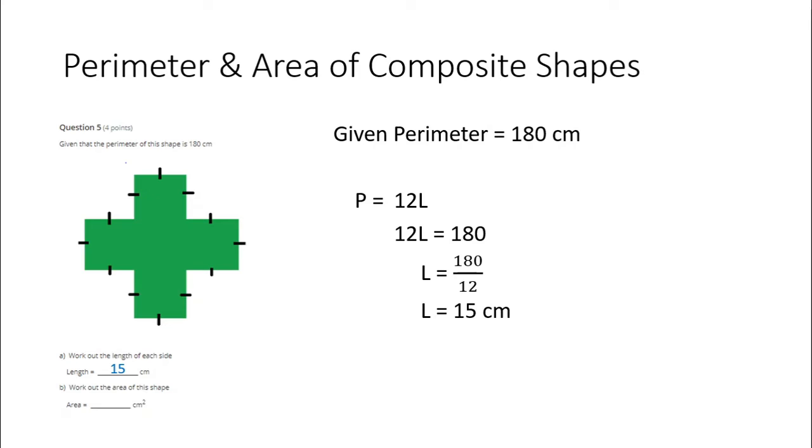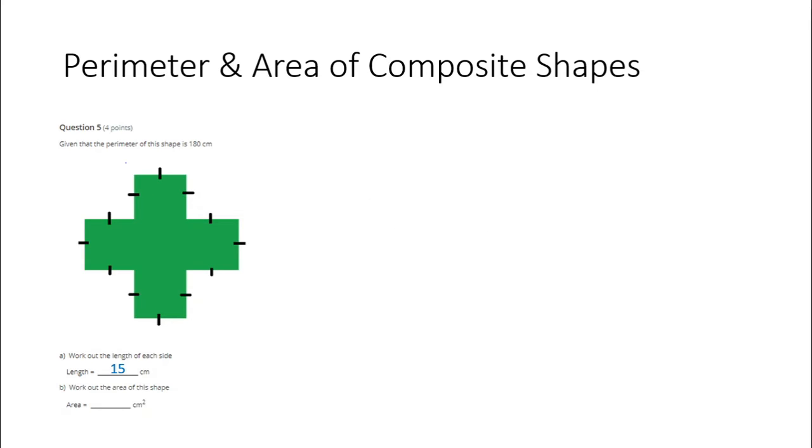But the area of this composite shape, again, just like we did before, we'll need to split it down into recognizable shapes. So I've done this. I can see that I can split this plus sign shape into various rectangle shapes. And if I look closely, I'll notice that those rectangle shapes aren't rectangles at all.